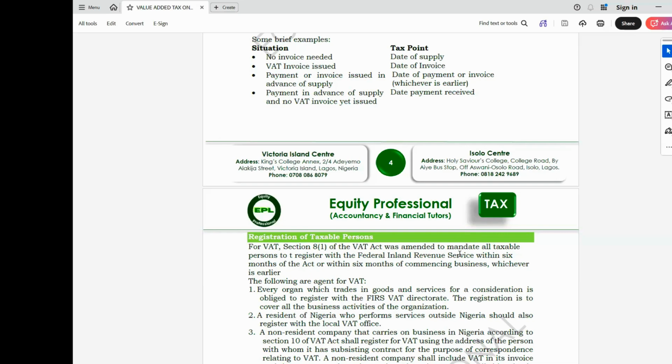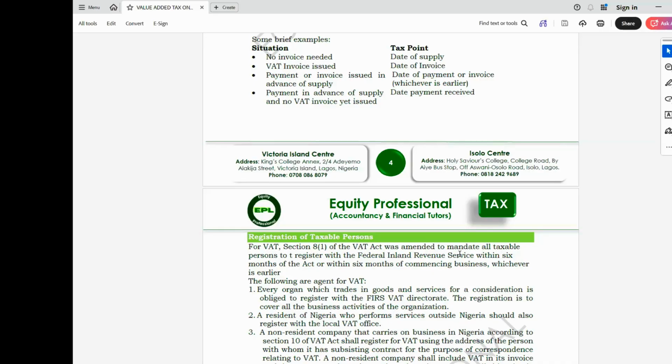As at the time this value added tax was introduced, they expected that some companies would have been in existence before that time. So they expect those companies to register within 6 months of commencement of this act.